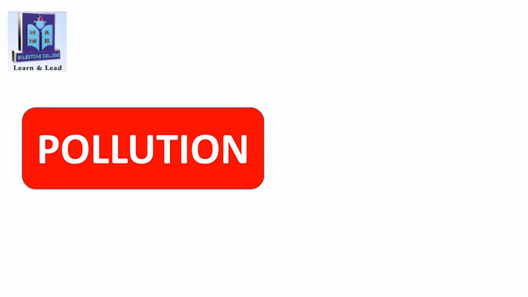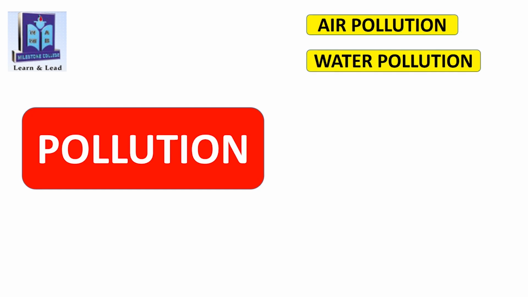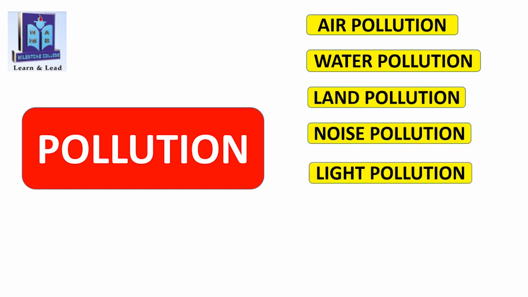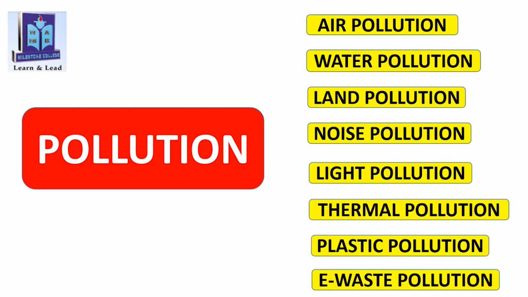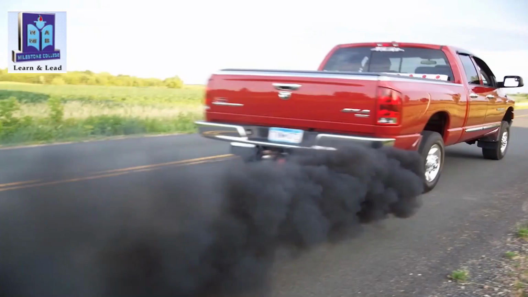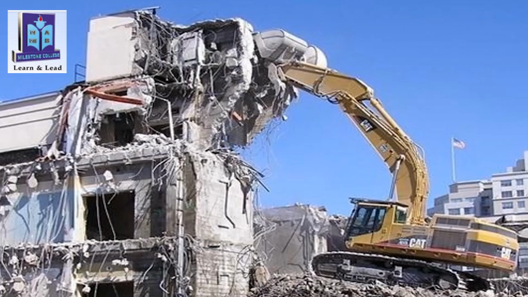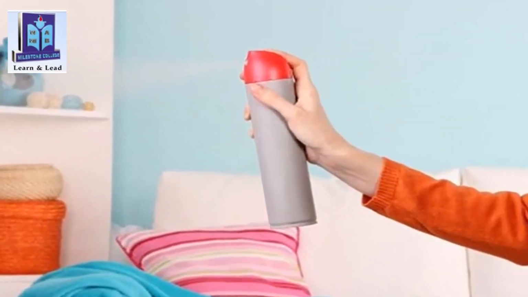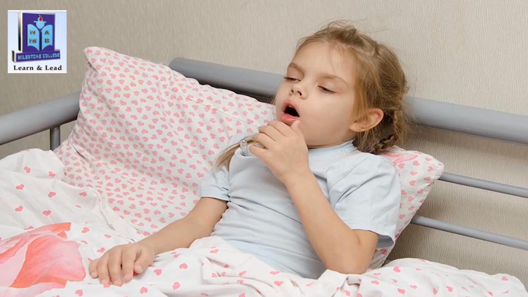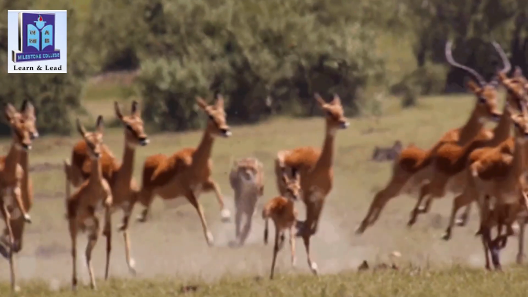There are various types of pollution. Air pollution, water pollution, land pollution, noise pollution, light pollution, thermal pollution, plastic pollution, e-waste pollution. Air pollution. Air pollution occurs when gases, dust particles, smoke, or odor are introduced into the atmosphere in a way that makes it harmful to humans and animals.